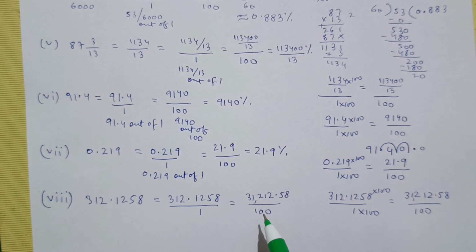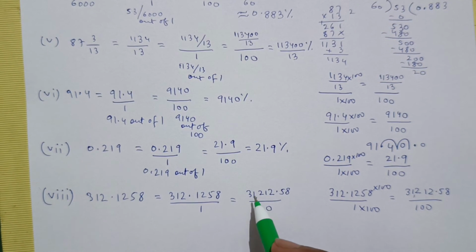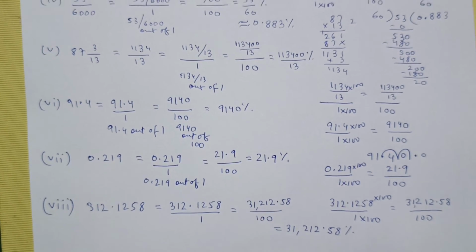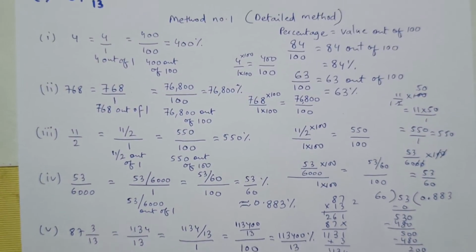So the value out of 100 is 31,212.58. So this is the percentage, 31,212.58 percentage. So this is how these kind of questions are to be done.